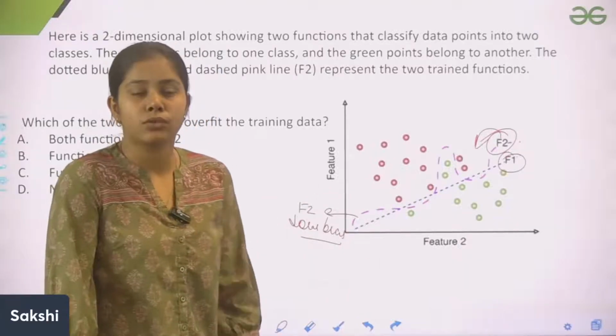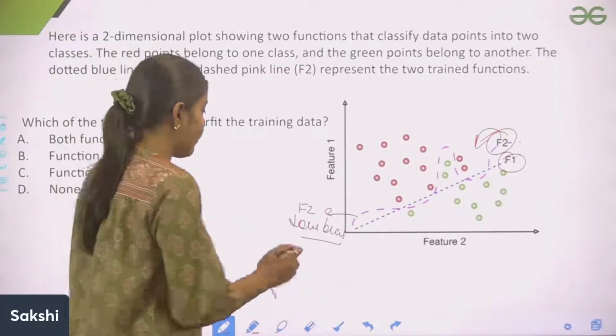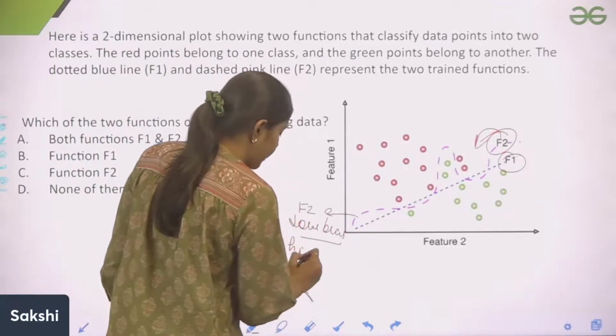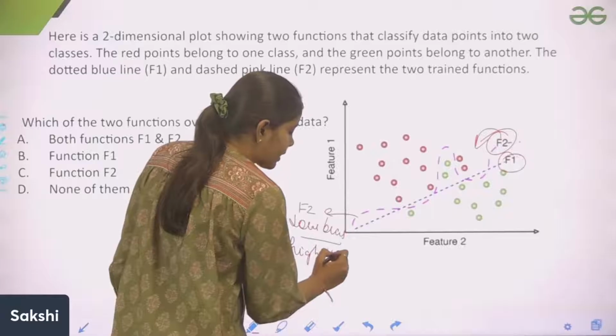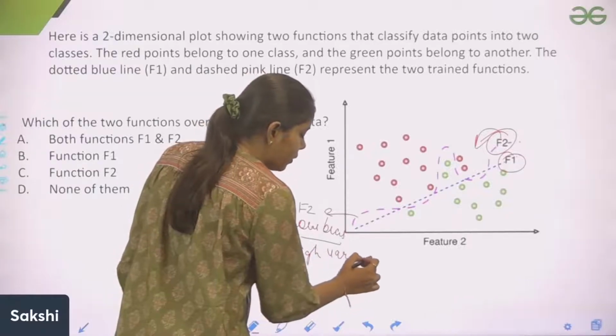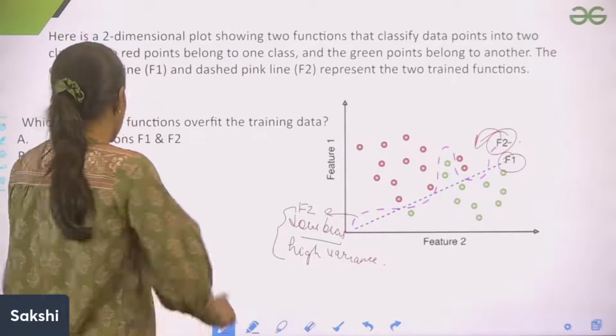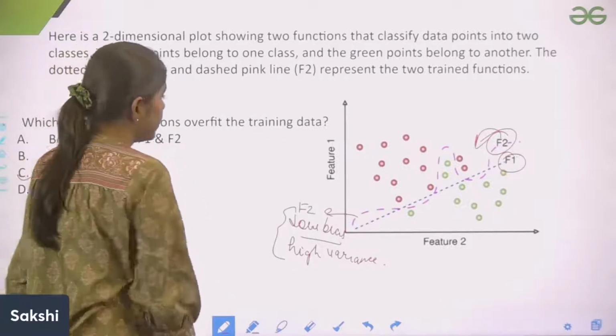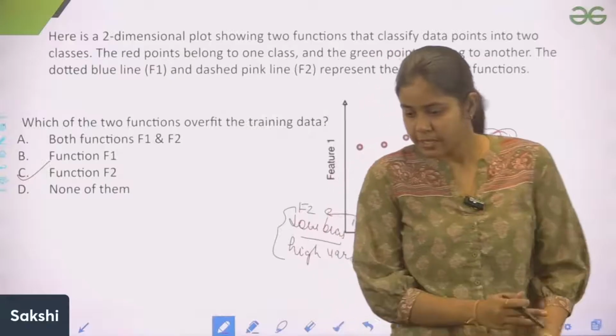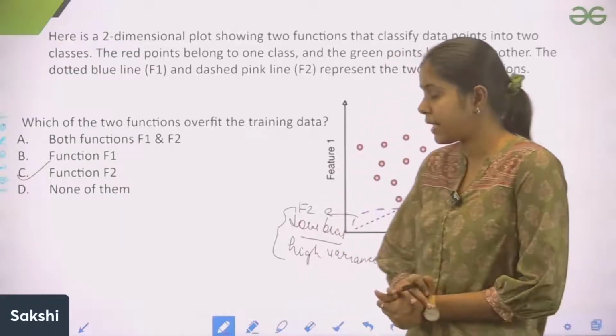So that's why we have so much variance in F2. So we have low bias, high variance, and it means we have overfitting. So F2 overfits. Just a simple question. Right, guys, F2 overfits.